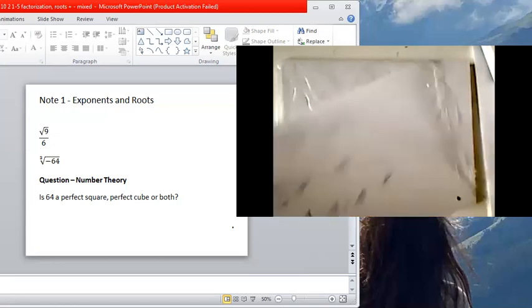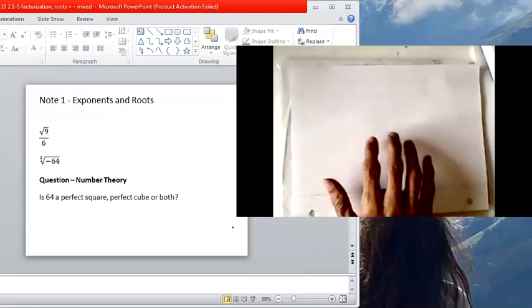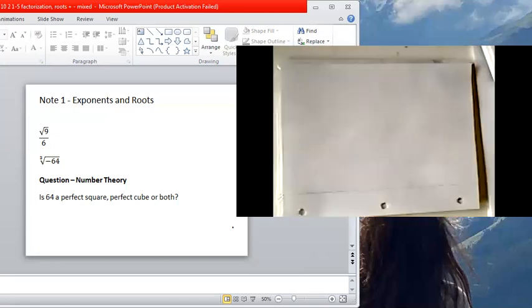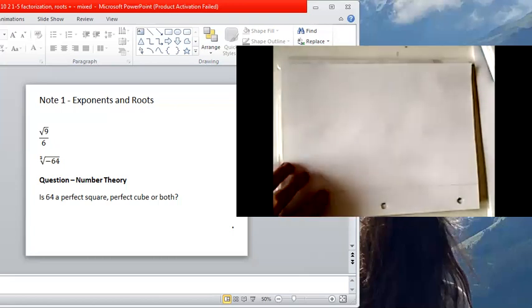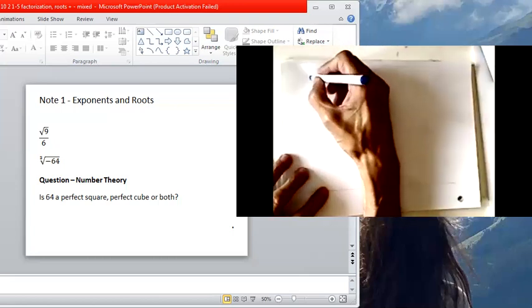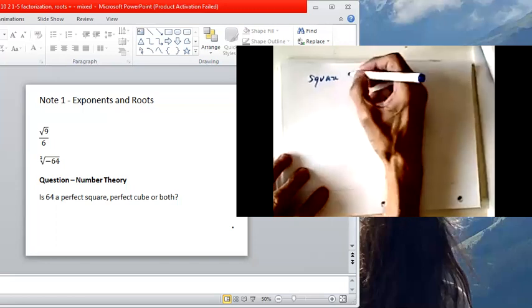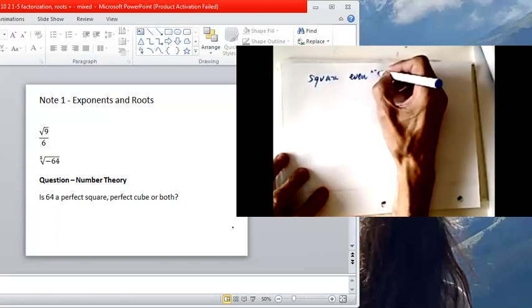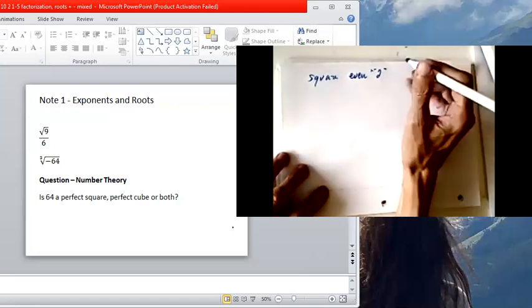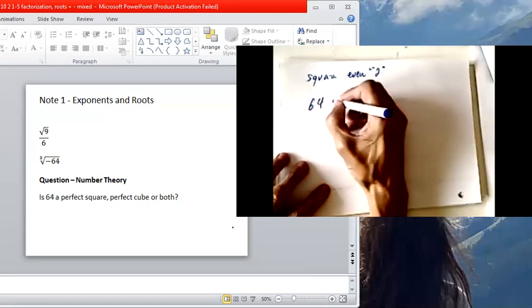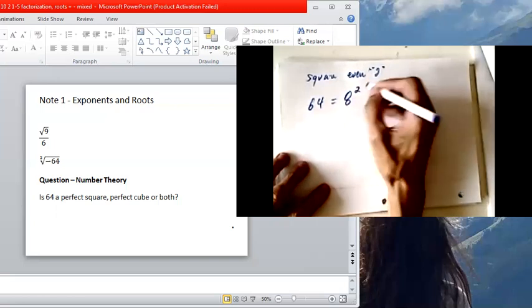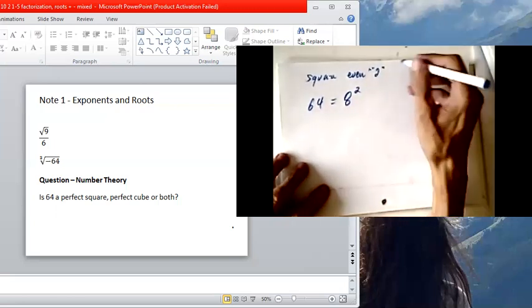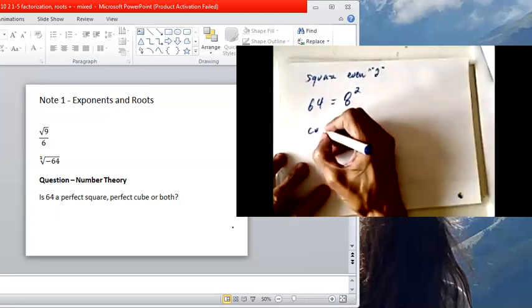All right, our little number theory question there. Is 64 squared, cubed, or both? Remember, for it to be squared, you have to be able to write it with an even exponent, or a multiple of 2. And for sure you can. 64 is the same as 8 squared. Is it cubed?